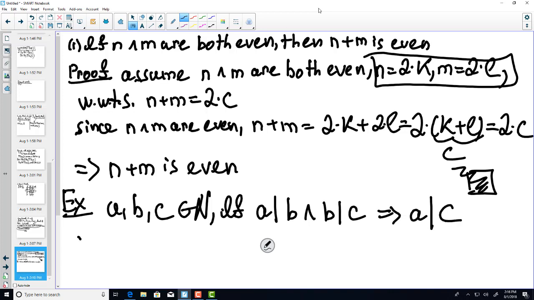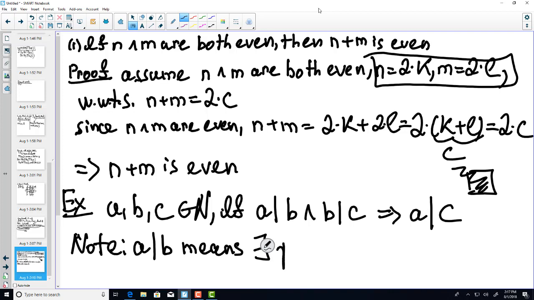So a divides b means there exists some integer q such that a times q is equal to b.